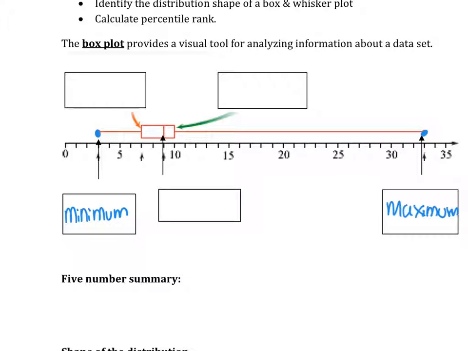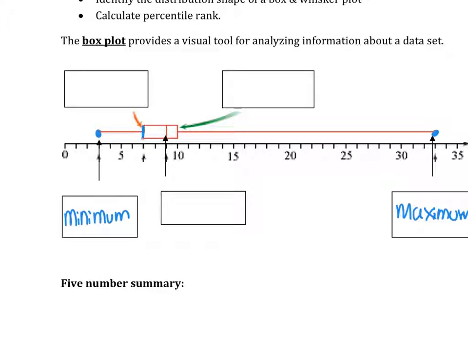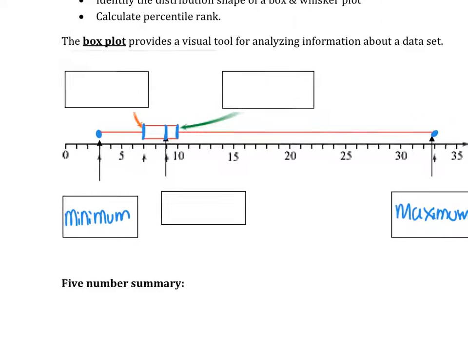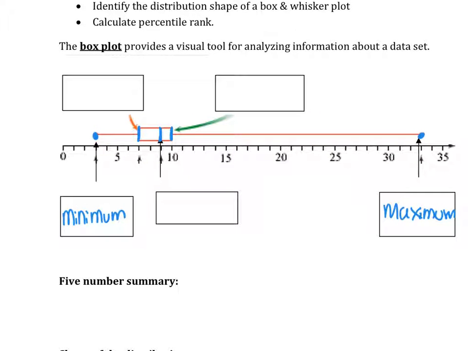And then there's these 3 lines in the middle that make up this box here, the box part of the box plot. And so the middle line is the median, which we've learned about already. And then the first part of the box and last part of the box are the upper and lower quartiles, also known as Q1, the lower quartile.